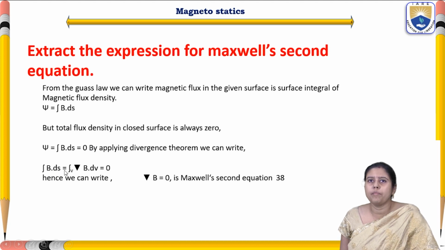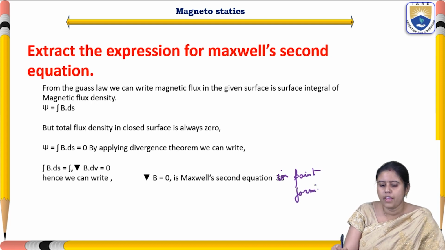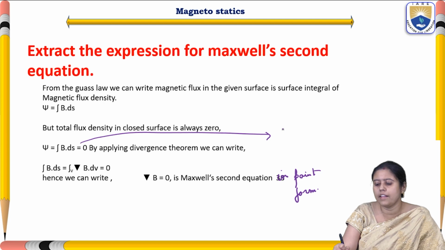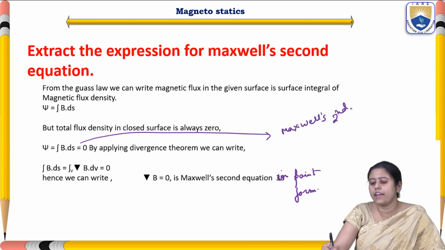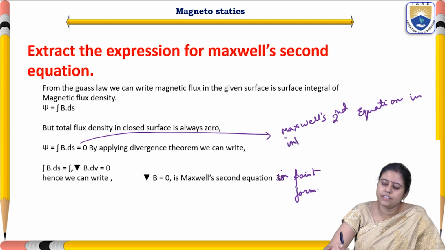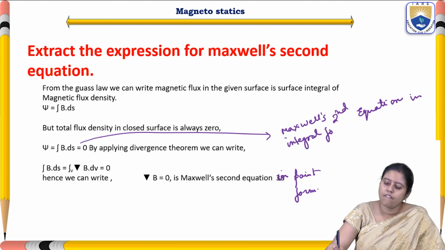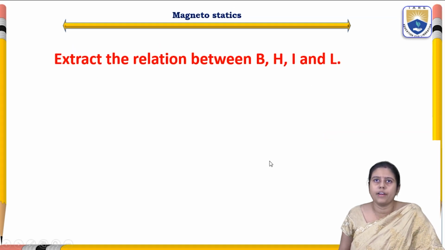B dot ds can be rewritten as grad dot B, and grad dot B equals 0 is Maxwell's second equation in point form. And the previous equation is Maxwell's second equation in integral form. So these are the important equations of Maxwell.